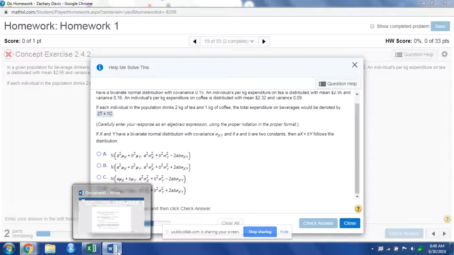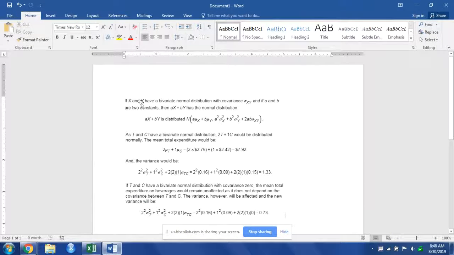So if x and y have a bivariate normal distribution with this covariance, and if a and b are constants, then ax plus by has the normal distribution of this is distributed normally of a times the population mean of x plus b times the population mean of y, a squared times the variance of x plus b squared times the variance of y plus 2ab times the covariance of x and y.